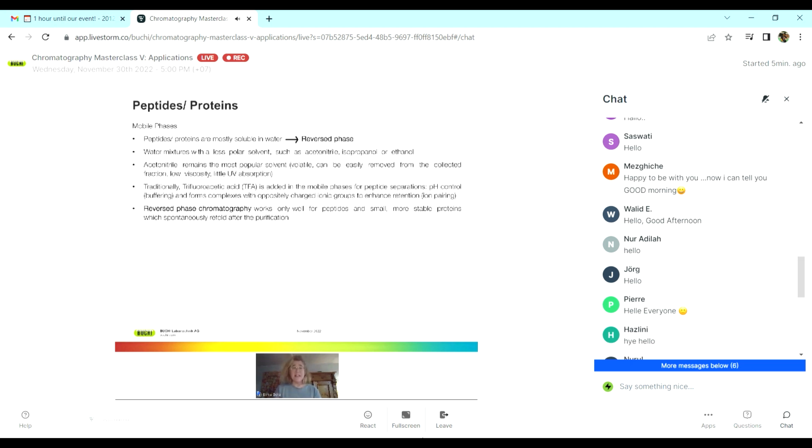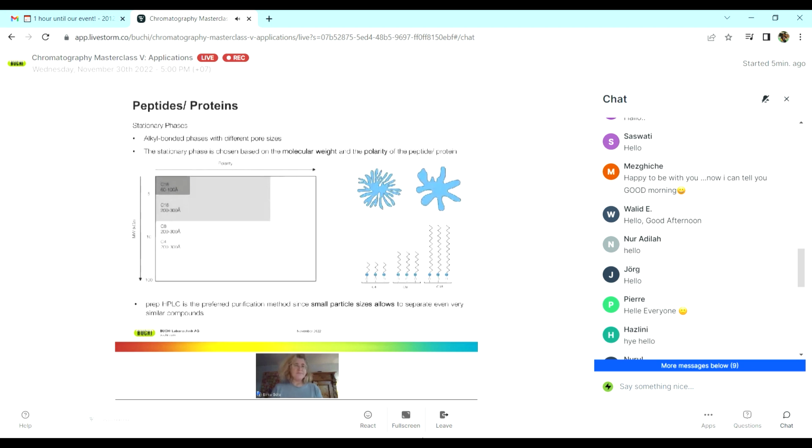If this is not the case, then you have to choose a different chromatography method. This can be gel filtration or size exclusion chromatography or ion chromatography. Now the stationary phases. For peptides and proteins, you're using alkyl bonded phases with different pore sizes, and which one you select depends on the molecular weight and also on the polarity of the compound.